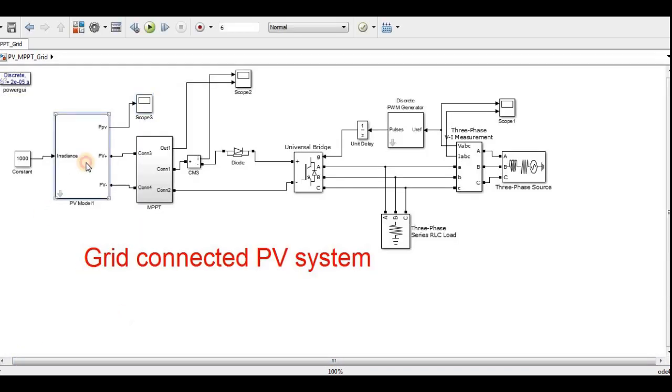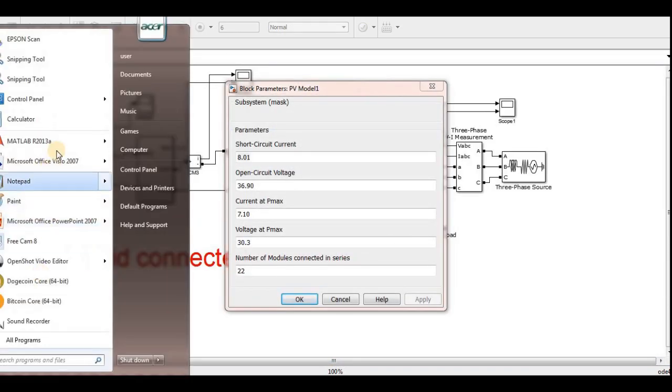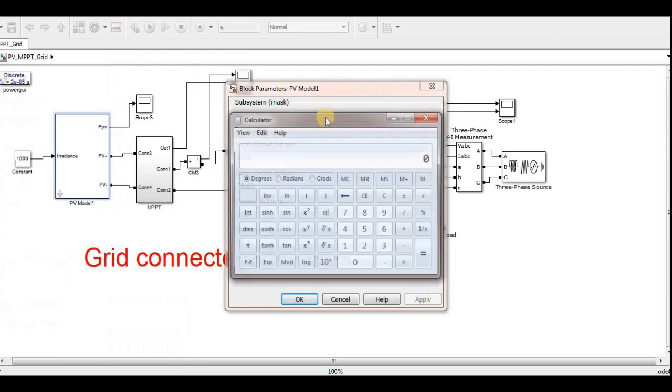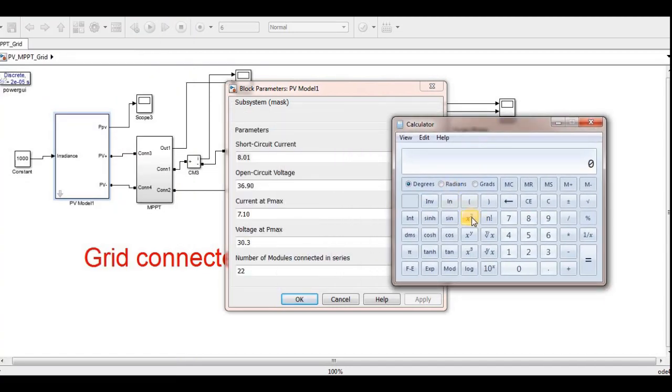Why is it coming that much? Let's calculate it. My voltage at P maximum is 30.3, and current at P maximum is 7.10. This is for one module, and I connected 22 modules in series.